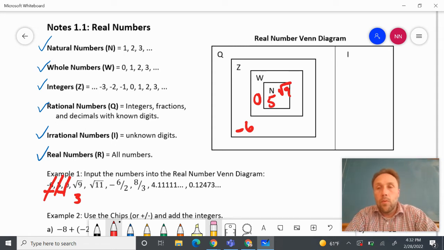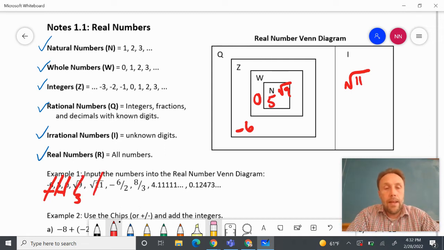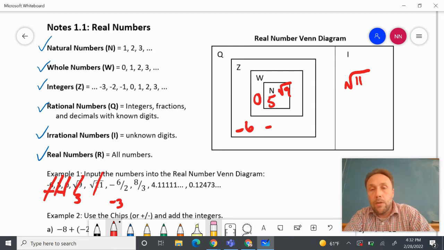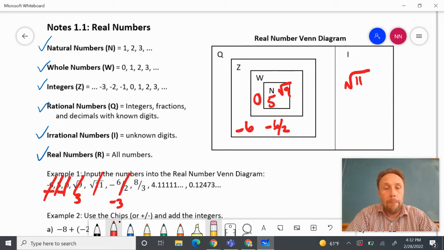The square root of 11 would be an irrational. We don't know the square root of 11, so that would be an irrational number. -6/2, of course, is -3, so that would be an integer. Even though it looks like a fraction, it can be reduced to an integer. So that's why we're putting it in the integer area. 8/3 cannot be reduced, so that is going to be a rational.